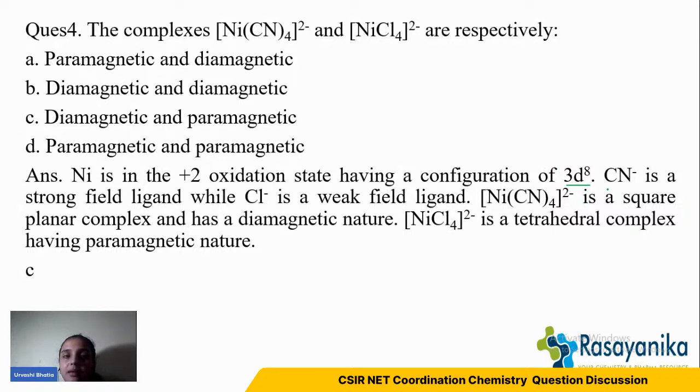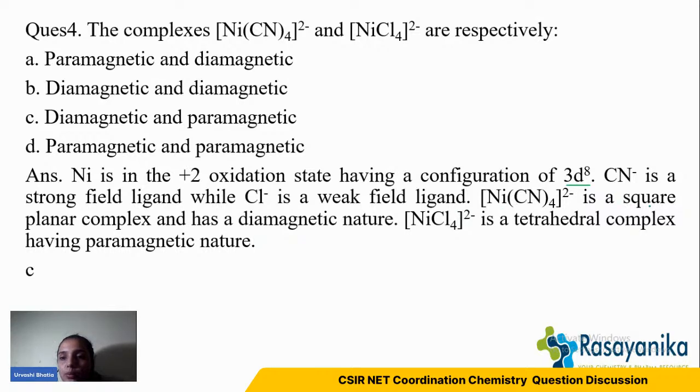Now CN minus is a strong field ligand, while Cl minus is a weak field ligand from the spectrochemical series. So this nickel complex is a square planar complex, and it has a diamagnetic nature.